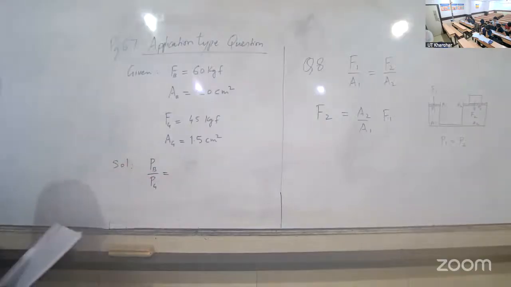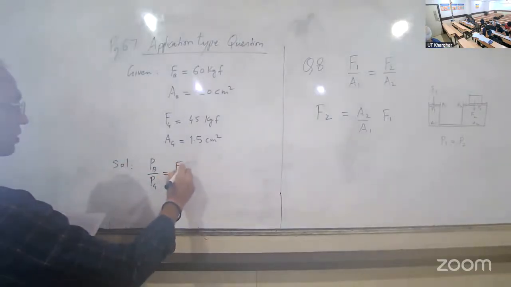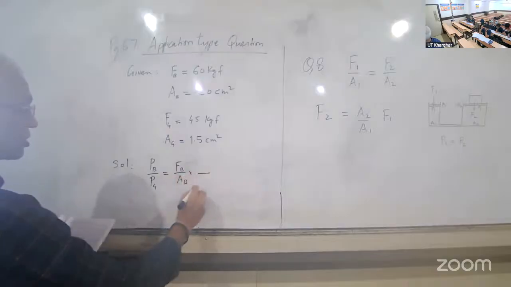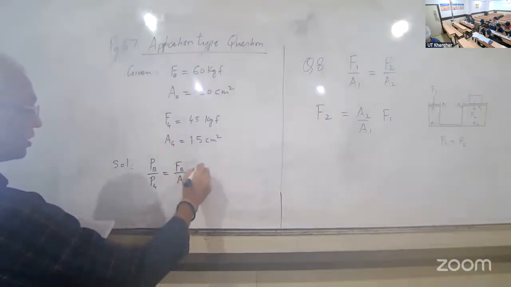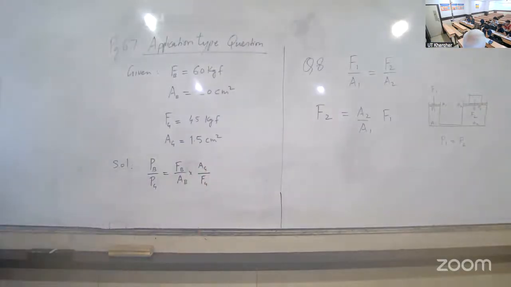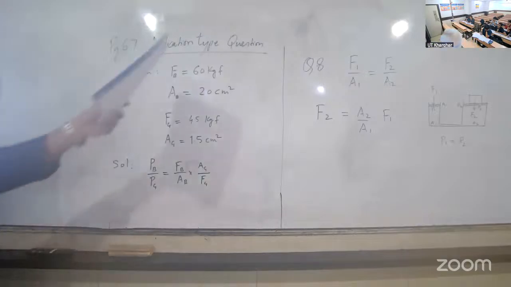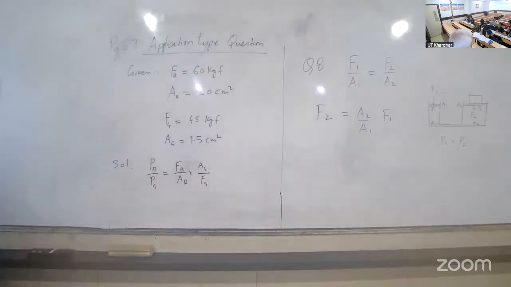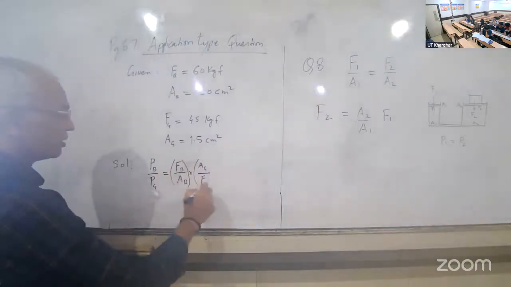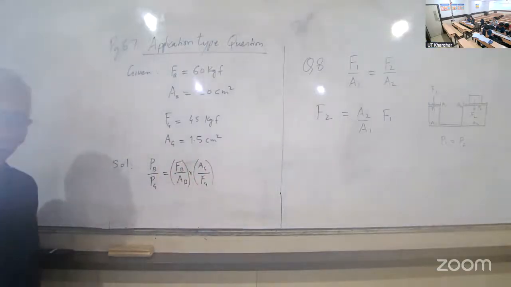So what is the pressure due to boy? Pressure due to girl is FG by AG. Okay, just take the ratio. Substitute the values. In ratio, you need not do the unit conversion, not required, because same quantity divided by same quantity. So this is pressure due to boy divided by pressure due to girl.